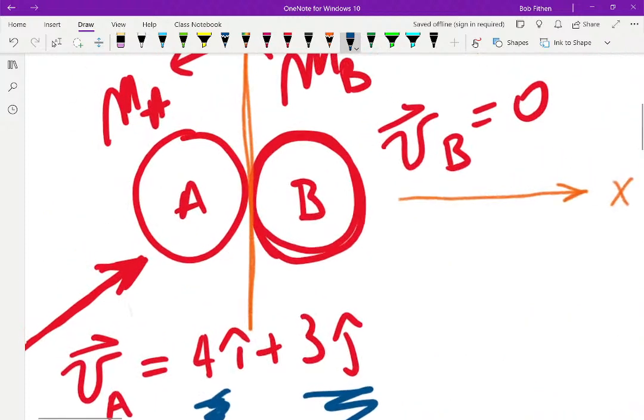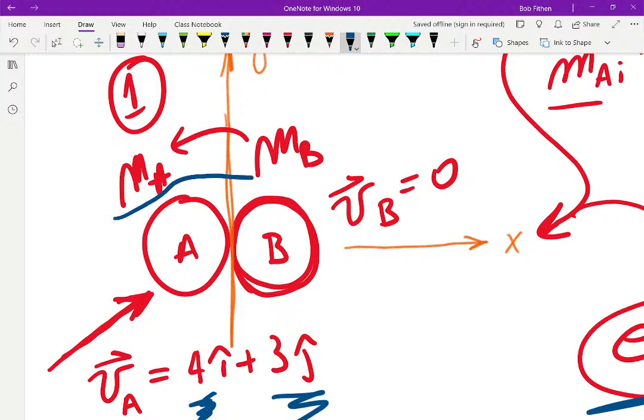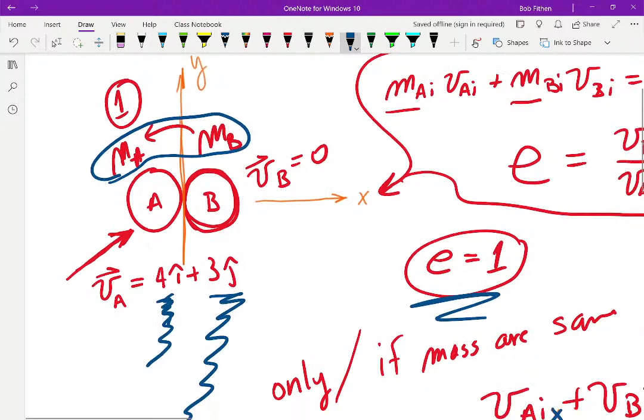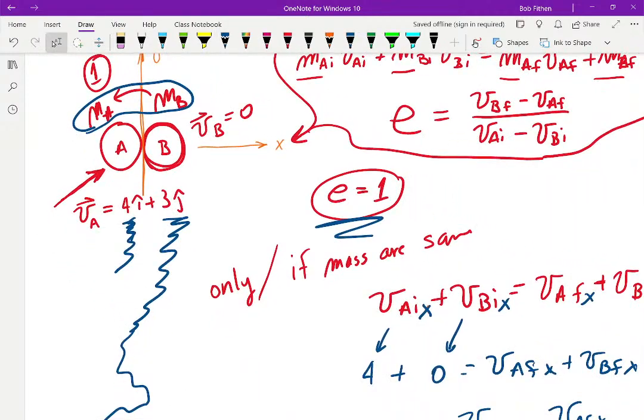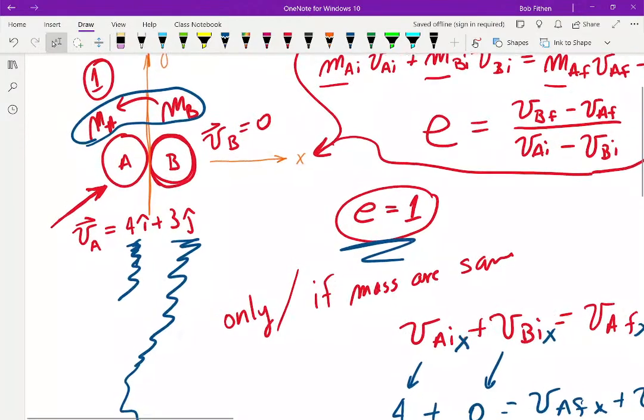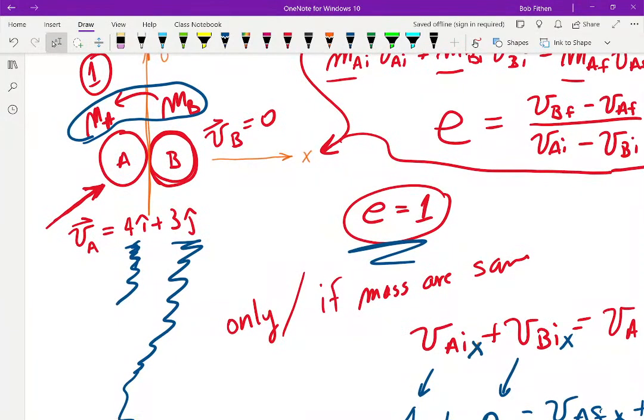Now, the fact that these have the same mass makes that possible. If the mass were different, that would change a little bit. But don't think that that's a standard. For example, if B were very small, think about it from this case. This is a small mass. So pretty soon it may be so small that it doesn't change the velocity of A almost at all.